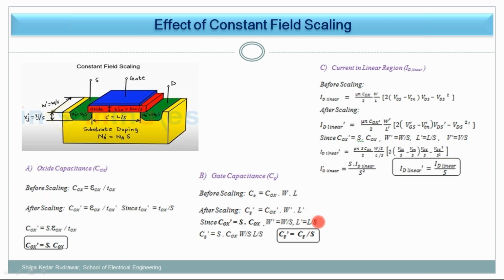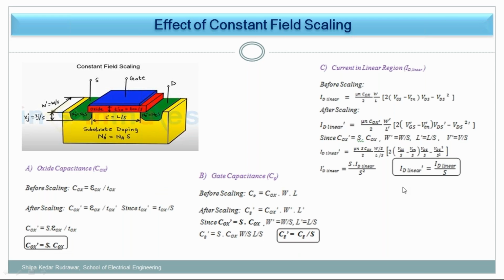After substituting these values, this is the value, and finally you got CG by S. So what is the meaning of this CG by S? After scaling, that is the constant field scaling, the value of capacitance is decreased by scaling factor S. Previously it was CG, now it is decreased by scaling factor S. Here it is increased by scaling factor S. Are you getting it?